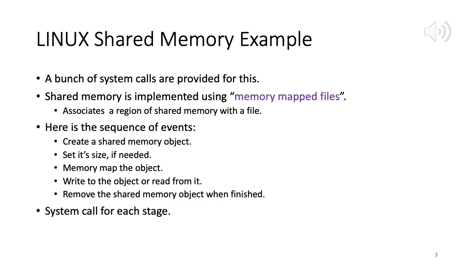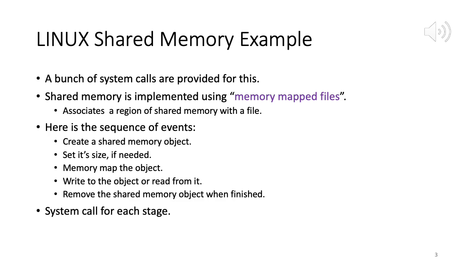Whenever we want any kind of service from the operating system, we need to invoke a function call, and implementing shared memory is definitely an OS service. It has to deal with memory management. It's 100% an OS service, so we need system calls.